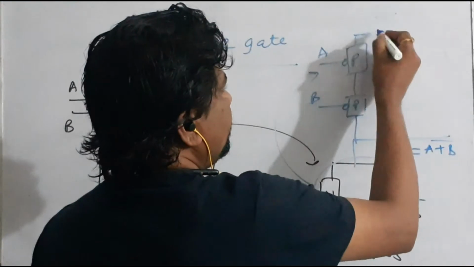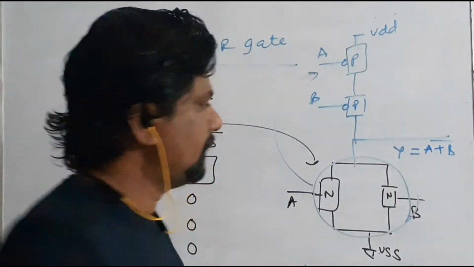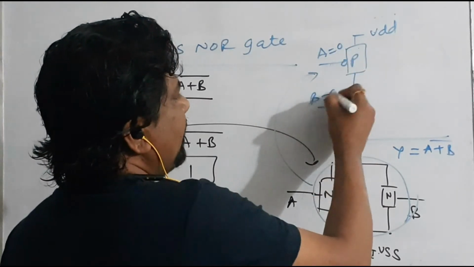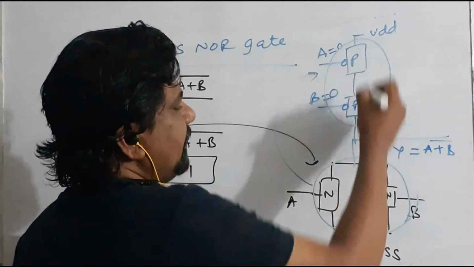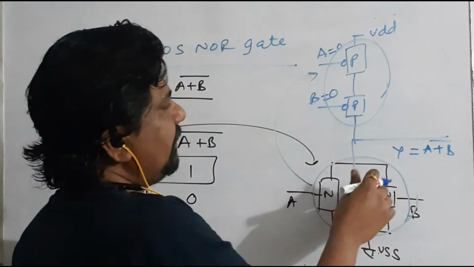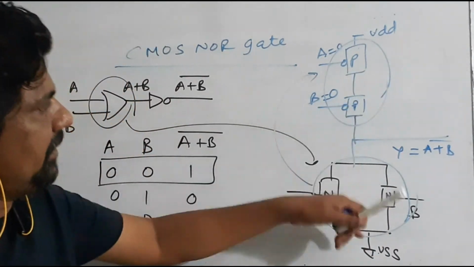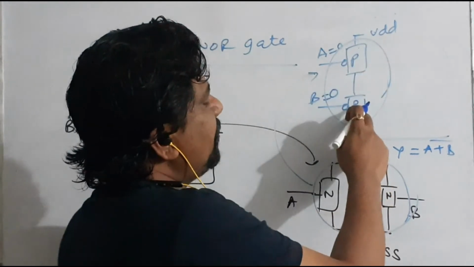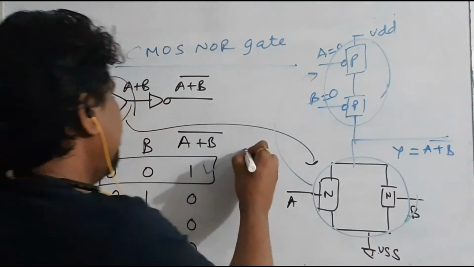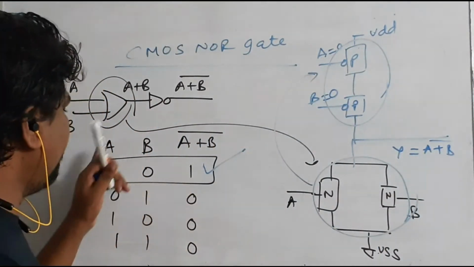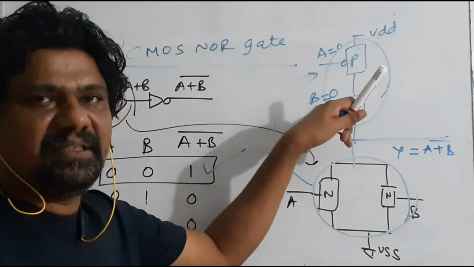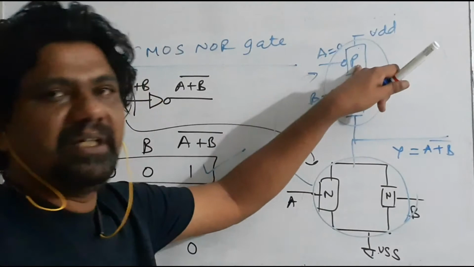Okay. So now, the series connection and the parallel connection are complements of each other. The lower section is the complement of the upper section. So A equal to 0, B equal to 0, both PMOS will turn on, output is equal to VDD. Whenever one of the inputs is 1, either A is 1 or B is equal to 1, one of the PMOS switches will remain in off state.